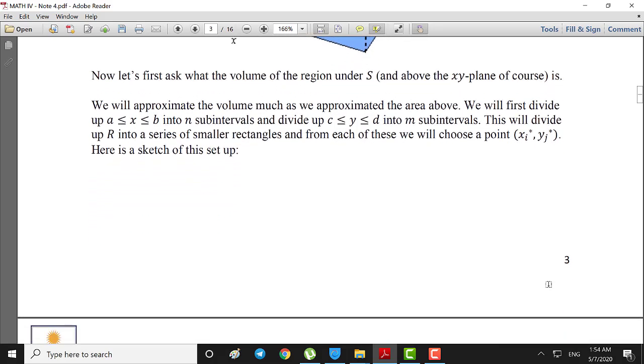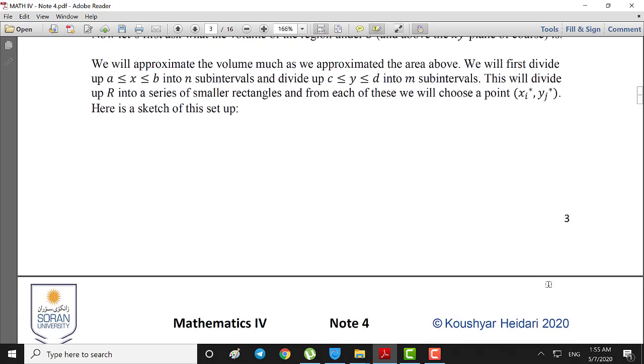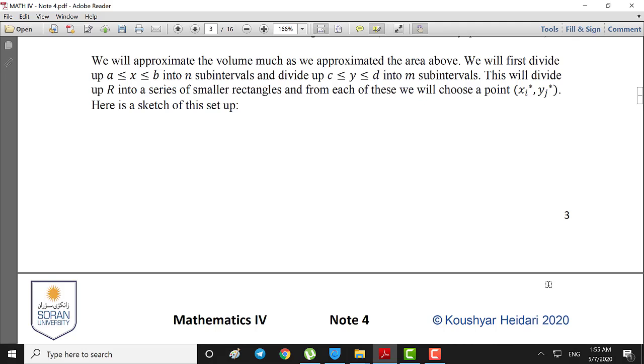Just like for a one variable function, we try to answer what is the net area under the curve. Now we are asking what is the volume of the region under the surface. Okay? Now, we will approximate this volume just like what we approximated the area under the curve.